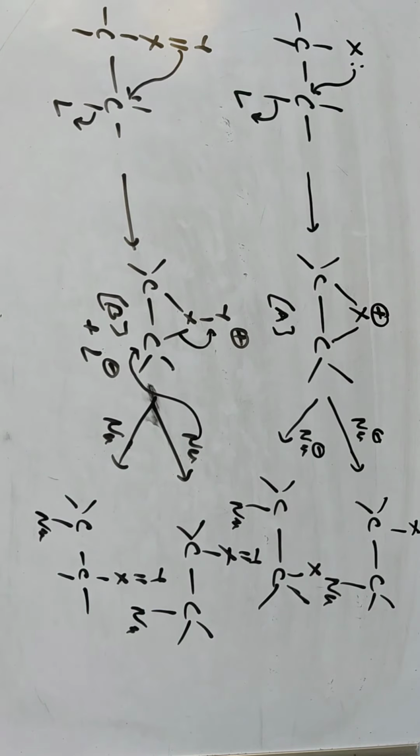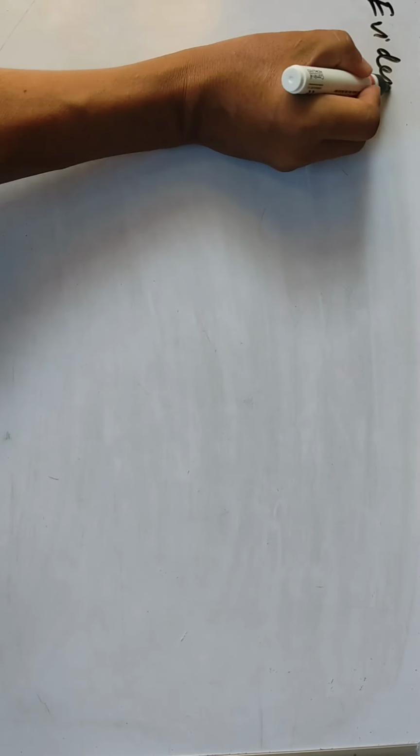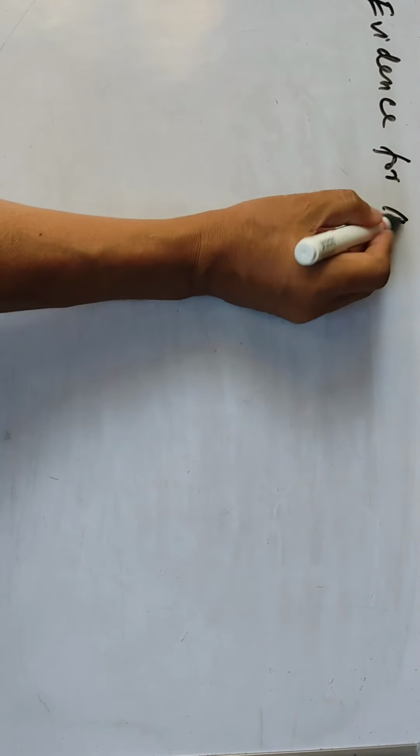Okay. Now let us come to the evidence for the existence of neighboring group participation.